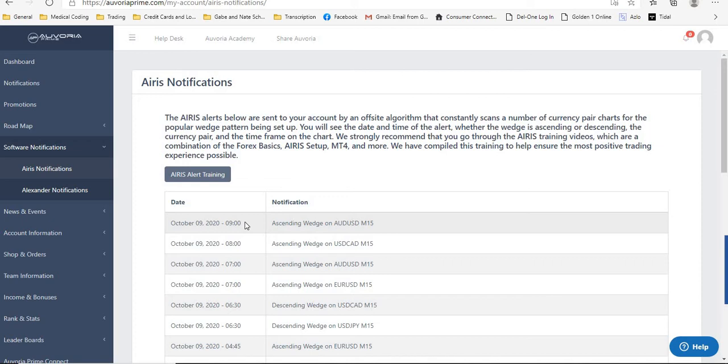The key thing about a wedge, though, is that it will tell you that a breakout is either happening or it's about to happen. And the direction of the wedge, whether it's ascending or descending, matters not in my strategy.